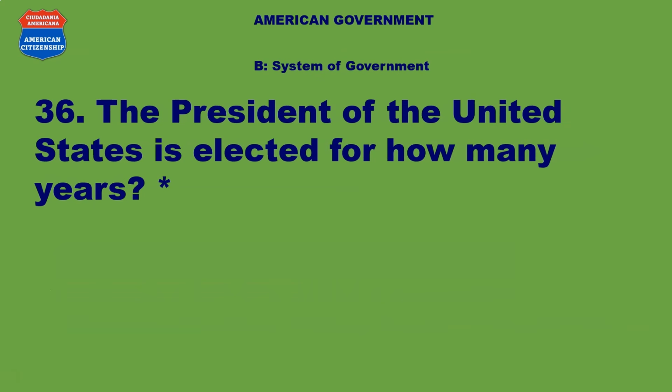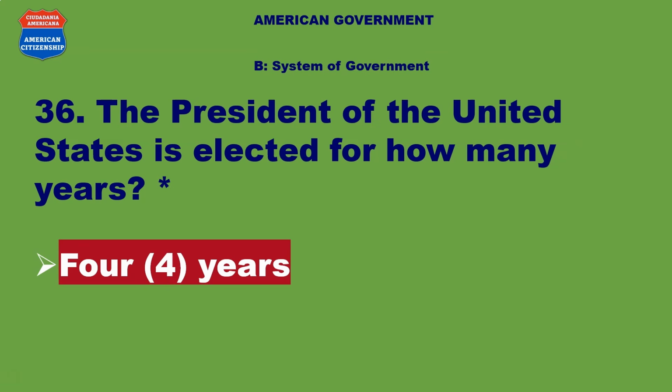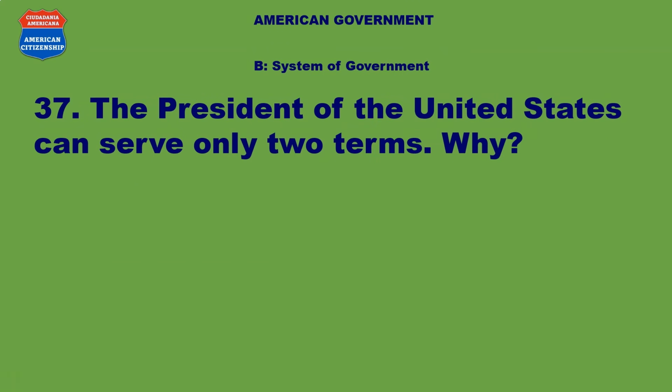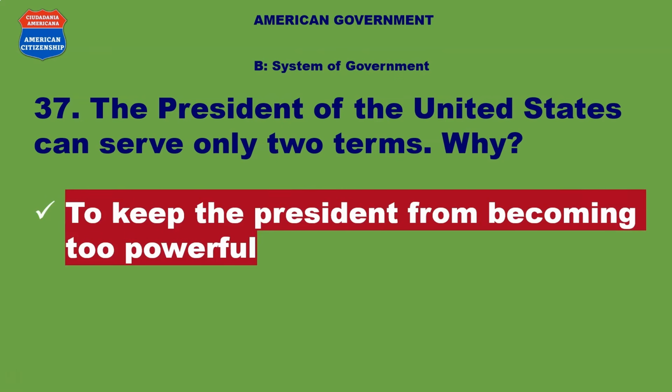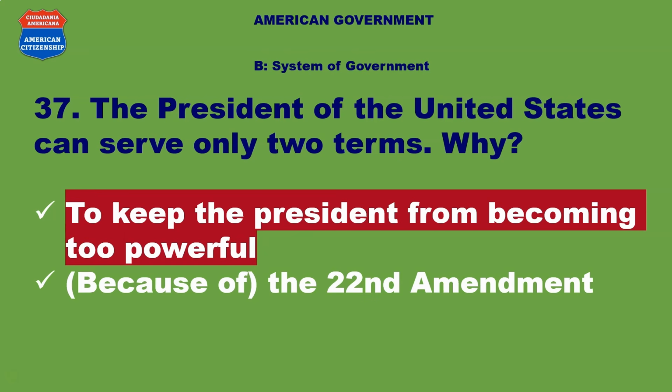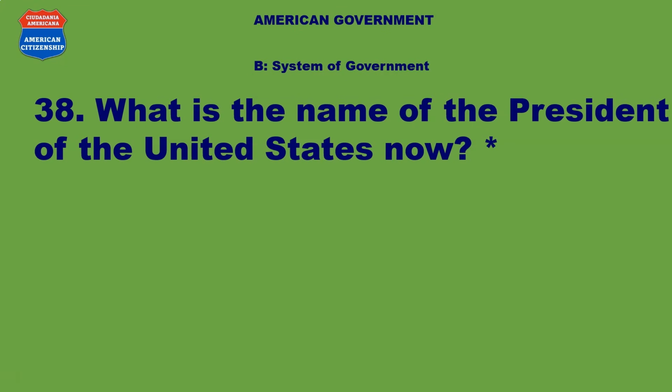The President of the United States is elected for how many years? 4 years. The President of the United States can serve only 2 terms. Why? To keep the President from becoming too powerful. What is the name of the President of the United States now?